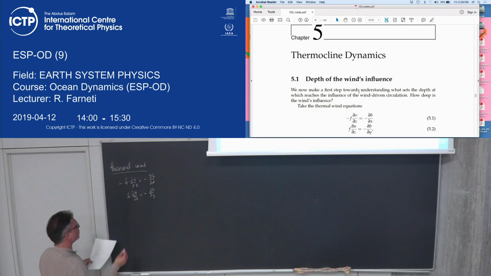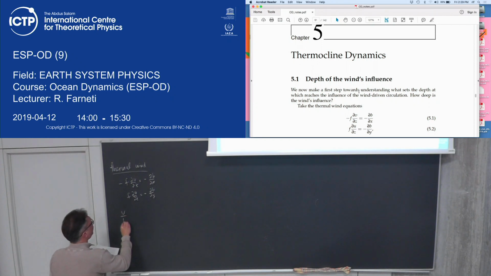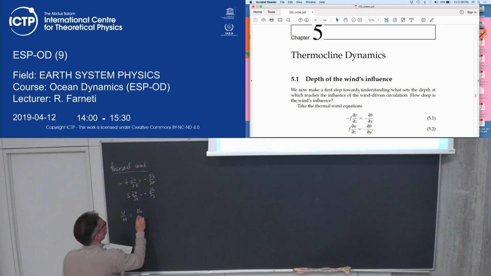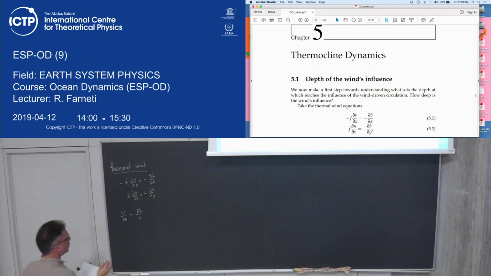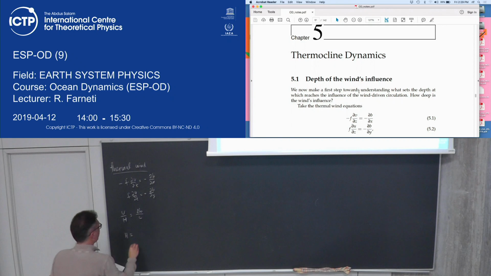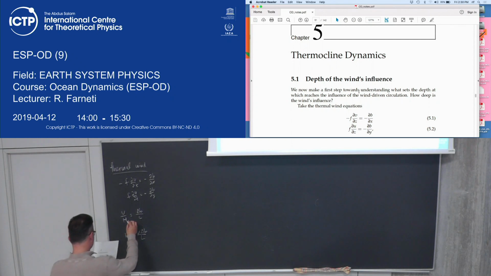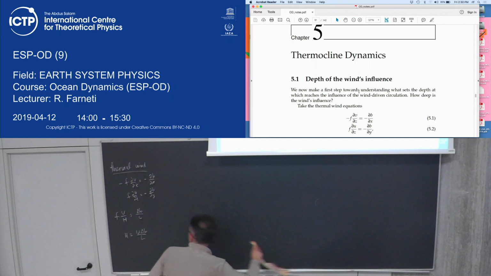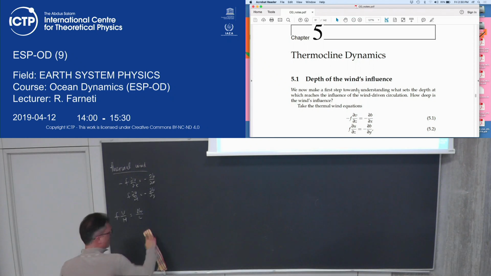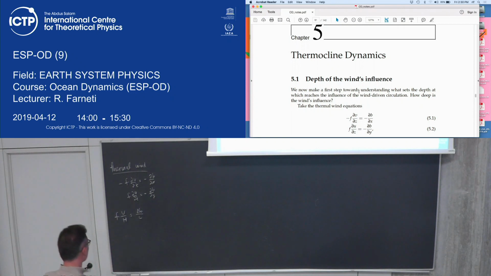So if you do a scale analysis of this, you get U over H goes like delta B over L. Okay? And there's an f.